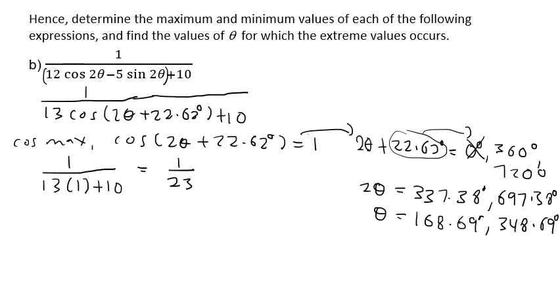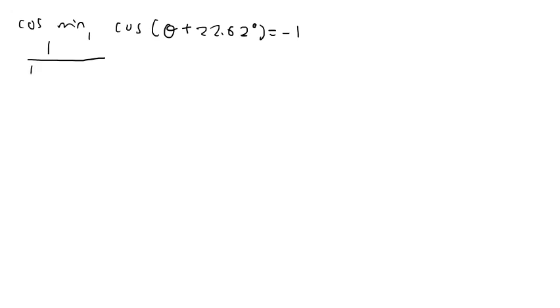Alright, next, when cos is minimum, we know cos(2 theta plus 22.62 degree) will become negative 1. So we substitute here: 13 times negative 1 plus 10. So we got negative 13 plus 10, negative 3. So where does it occur? We know also this is 2 theta, not theta.